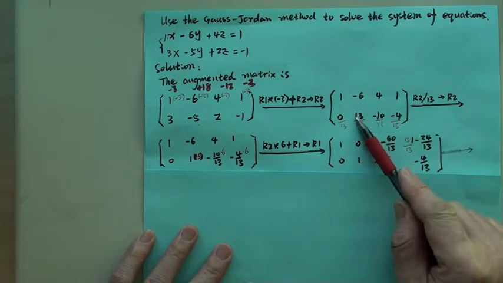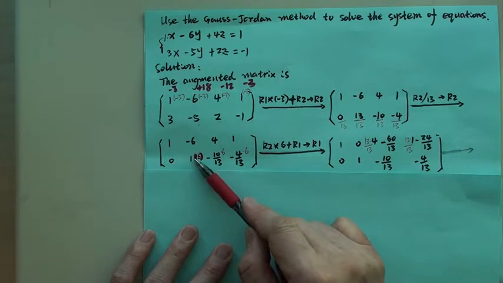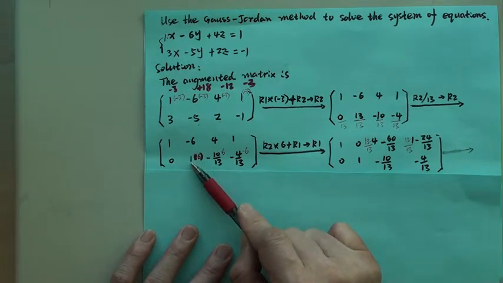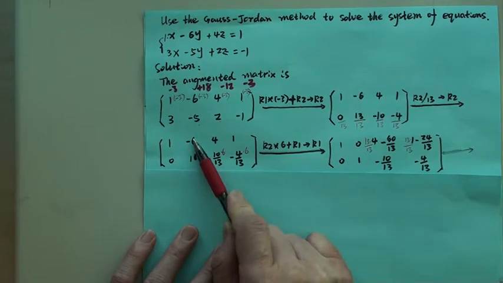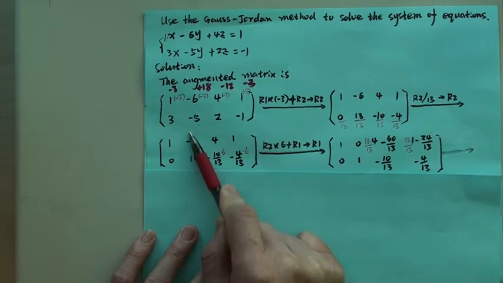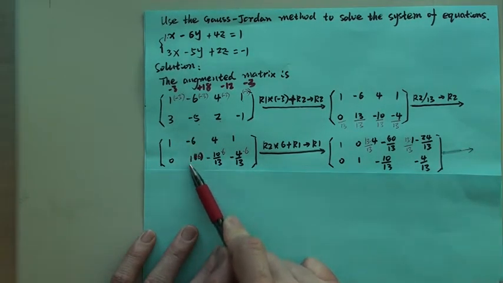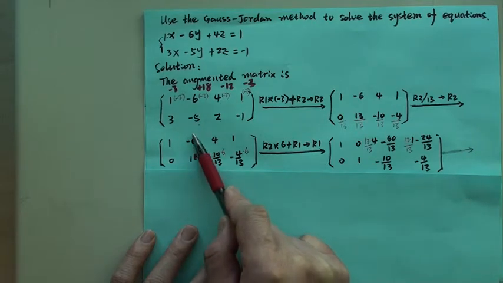Now, row 1, column 1 is 1, and row 2, column 2 is 1 already. Now we need to make the rest of the elements in column 2 be 0. This is the only one.